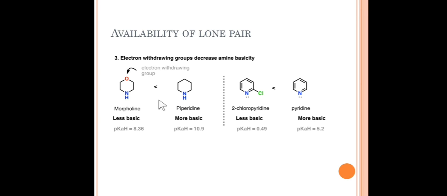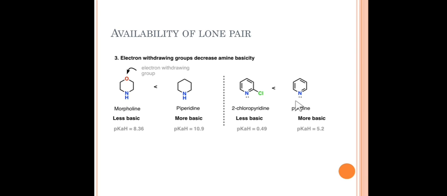In piperidine we don't have such an electron withdrawing group. So morpholine is a weaker base than piperidine. I will say piperidine is a stronger base than morpholine.